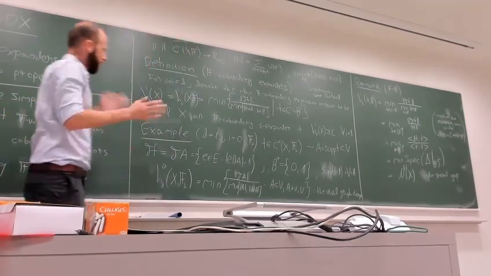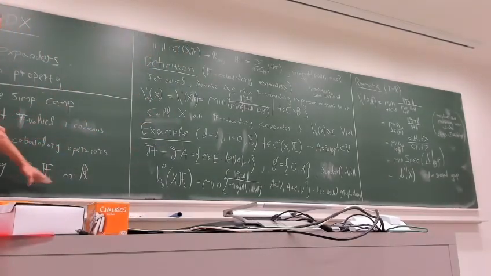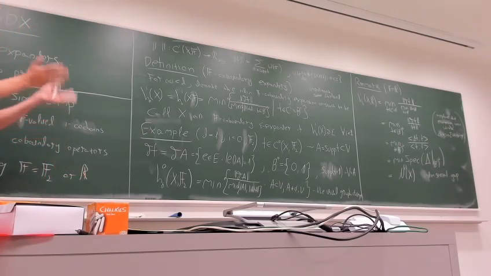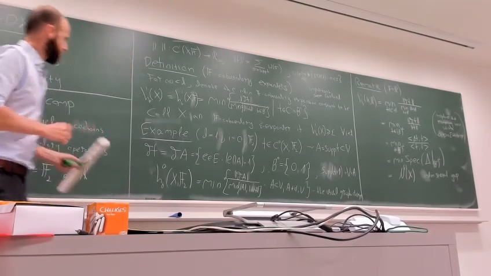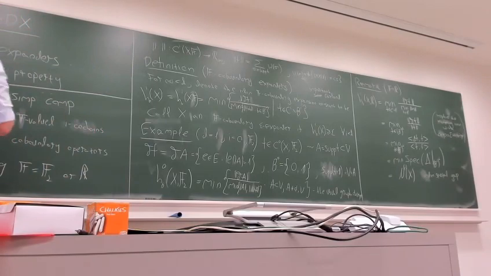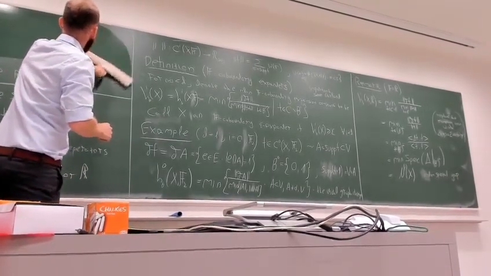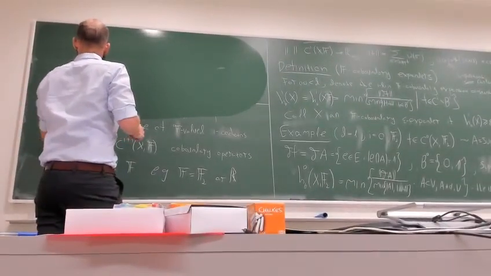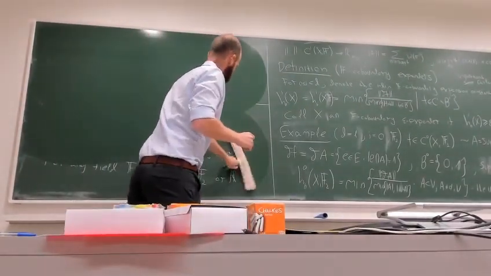So we see a dichotomy between the F2 case and the R case. In one of them we use the Hamming norm, in the other one we use the norm coming from the inner product. Are you saying that you have an R coboundary expander only if you have a spectral expander, or not quite?